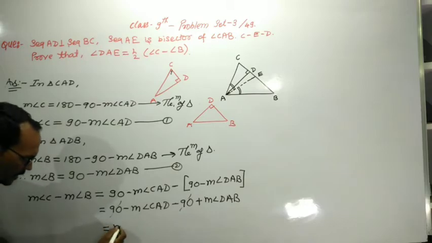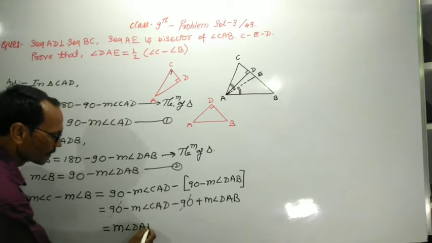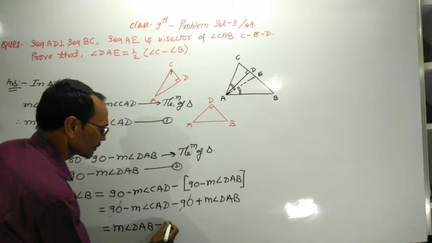Therefore, the remaining part is, by the additive law, measure of angle DAB minus measure of angle CAD.